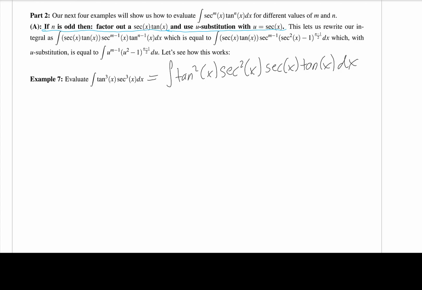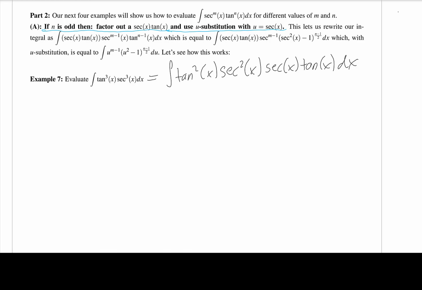If I use u equals secant of x, actually before I do that, I'm going to slide in a quick little identity. I'm going to try to make as many secant of x's in this problem as I can. Remember in the last part, I said if you're using u equals cosine of x, get as many cosine of x's in there as you can, so change your sine squared of x to 1 minus cosine squared of x.